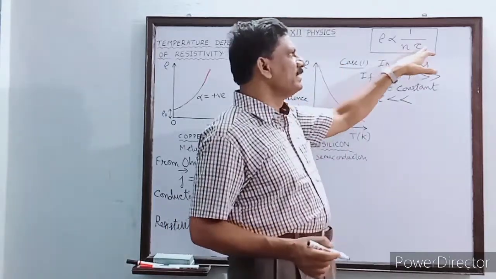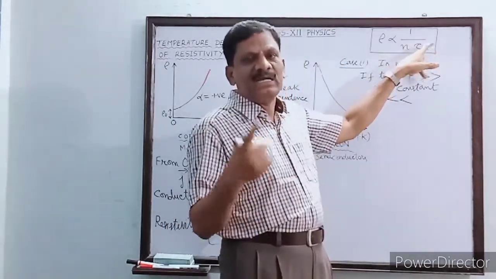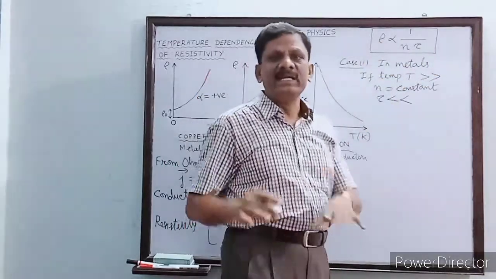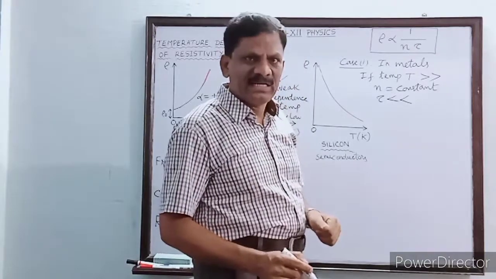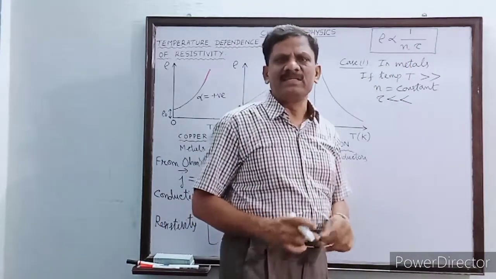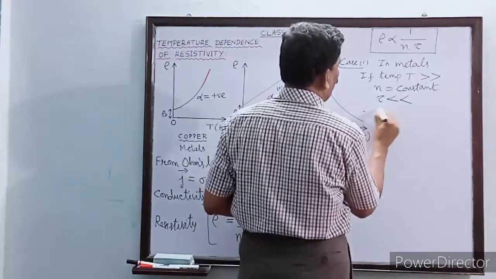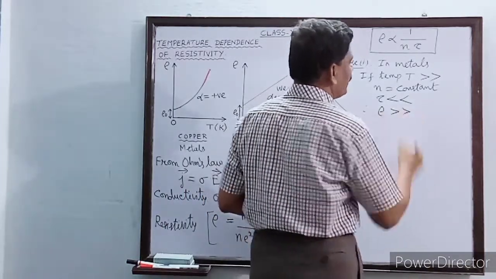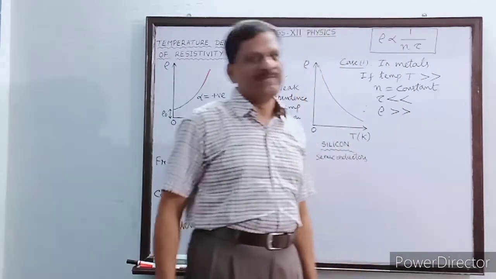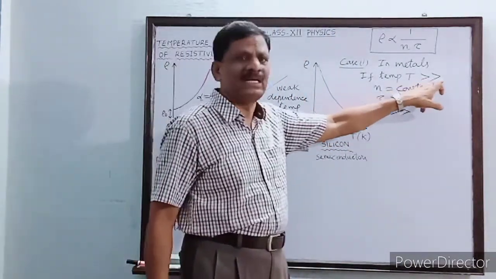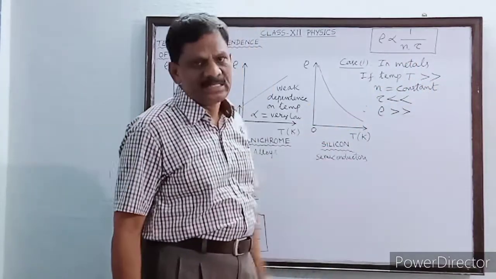Since tau is in the denominator and is getting reduced, rho is getting increased. But what happens to the number of electrons per unit volume? It remains the same. Therefore, rho increases. Have you all understood the reason for the increase in resistivity with temperature?